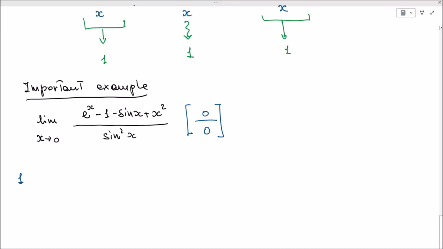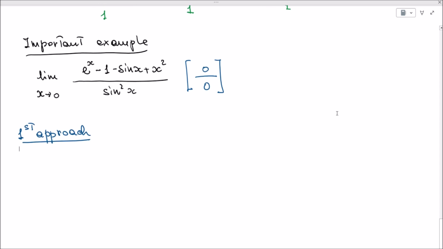Let's first try to use the fundamental limits. So, first approach. Now, we immediately recognize some terms of the fundamental limits. So, one way of approaching the problem might be this one.